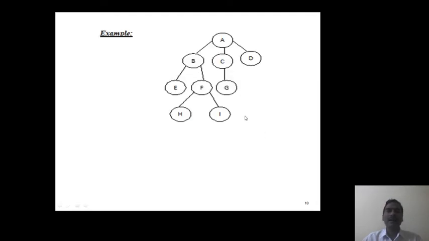Now observe this example of a tree data structure.